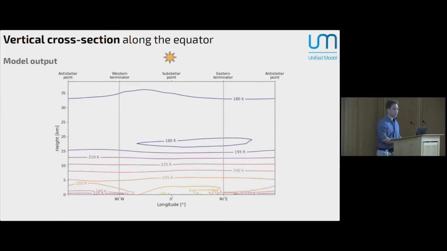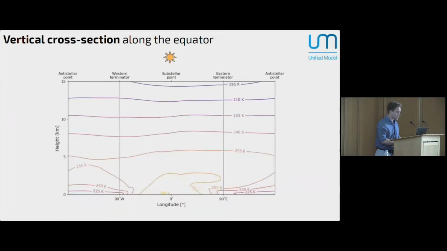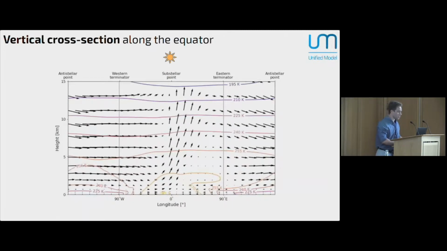So this is a UK Met Office Unified Model output for TRAPPIST-1e. You have the very warm atmosphere at the surface on the day side of the planet. Let's zoom in where all the interesting stuff is happening. Then if you plot the wind vectors over it, you see the rising motions, and then the eastward jet.